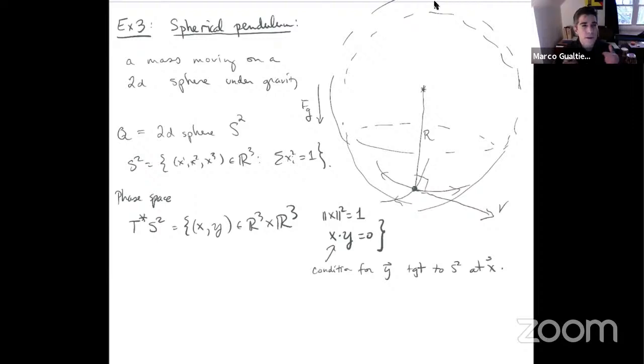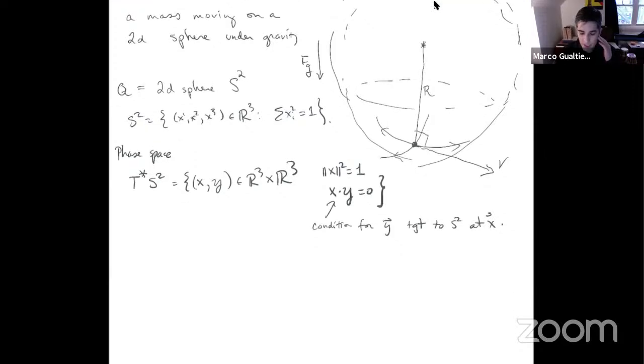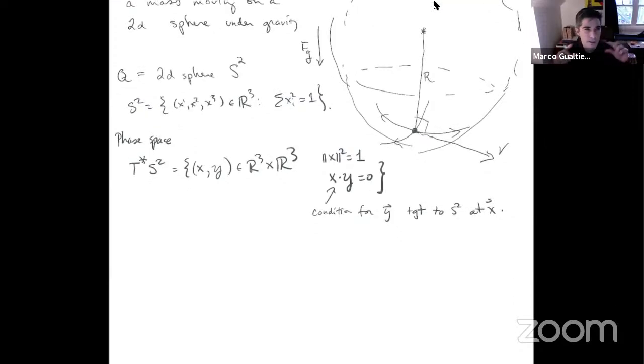But as we know from linear algebra, when we have a symmetric, positive definite bilinear form like the dot product, there's a natural isomorphism between a vector space and its dual. So it's not so crucial that I use the tangent or the cotangent space. Because of my dot product, they're basically the same.